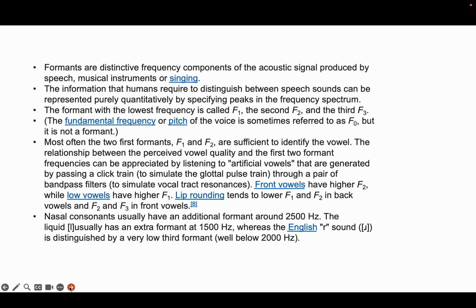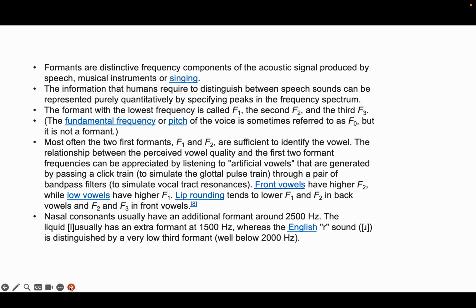So front vowels will have a higher F2 and low vowels have a higher F1. Lip rounding tends to lower F1 and F2 in the back vowels and F2 and F3 in the front vowels. Nasal consonants usually have an additional formant at around 2500 hertz, and the L in liquid has an extra formant at 1500.